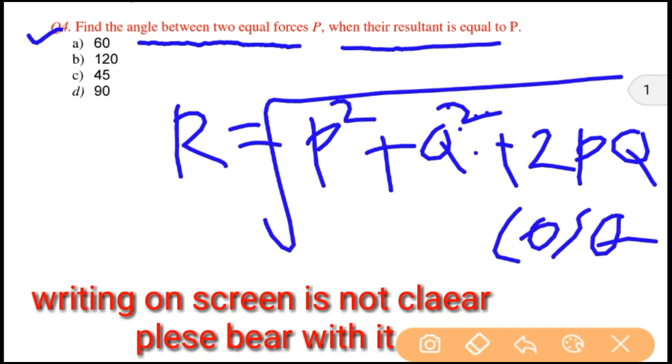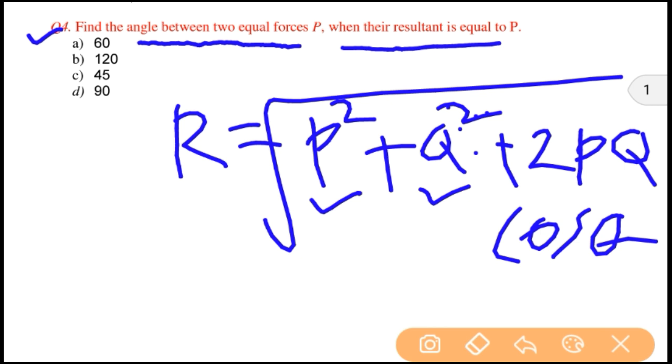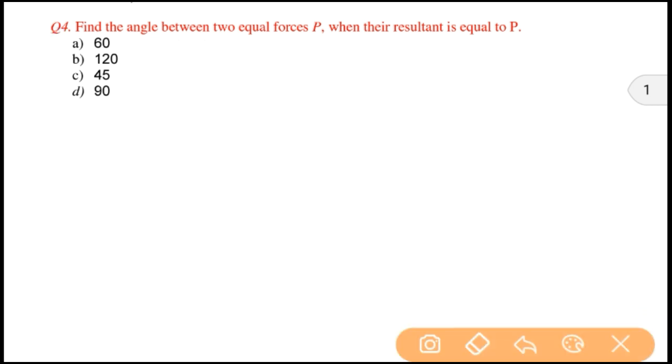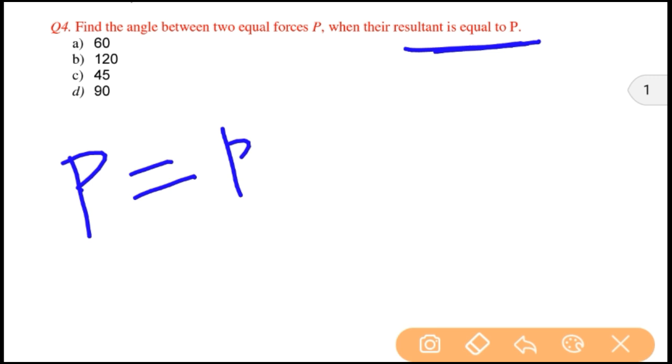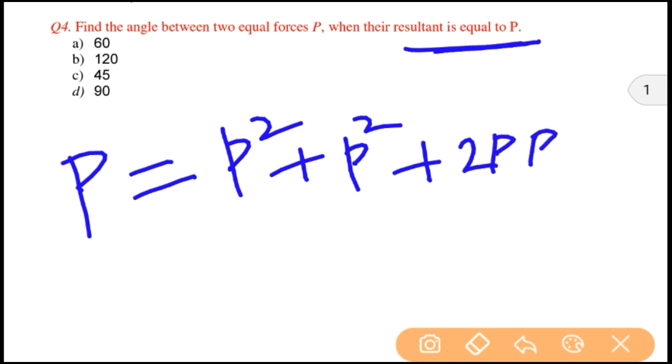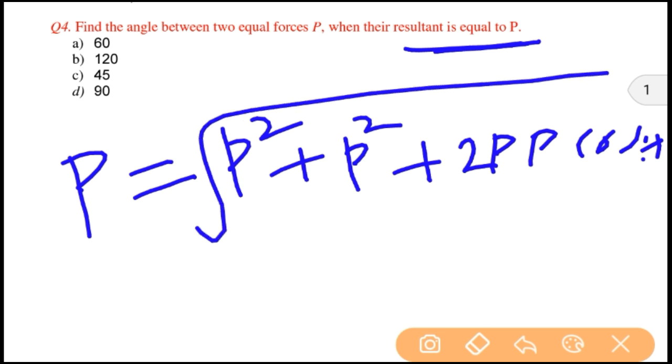Here, both forces are equal, that is P, so in place of Q we will put P. The resultant is also P. So P equals the root of P square plus P square plus 2P into P into cos theta.